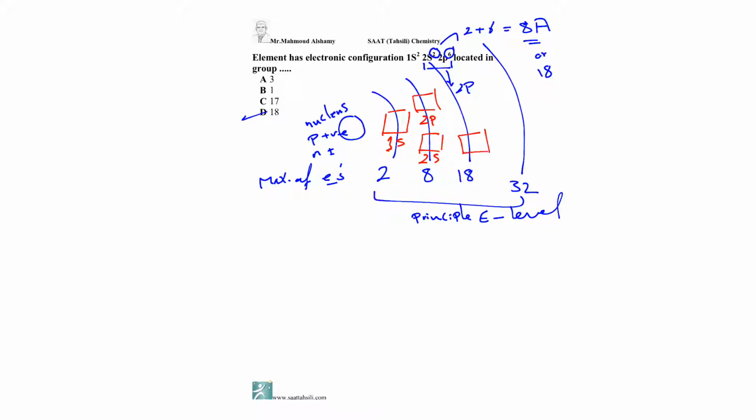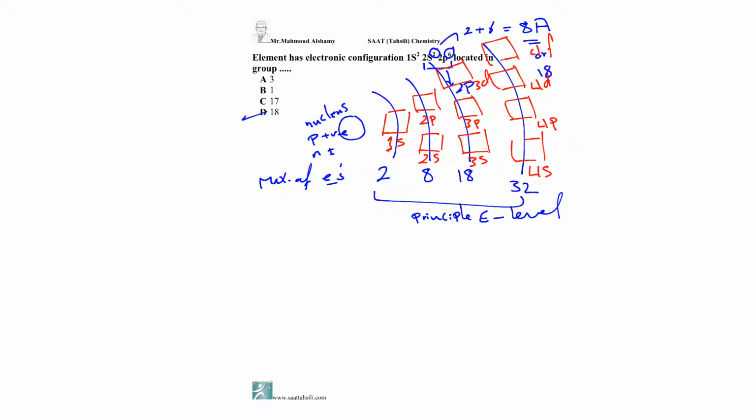In the third level we have 3 rooms, or 3 sublevels: 3s, 3p and 3d. In the fourth level we have 4 sublevels, or 4 rooms. I'm going to name them 4s, 4 because you are on the fourth level, and 4p and 4d and 4f.